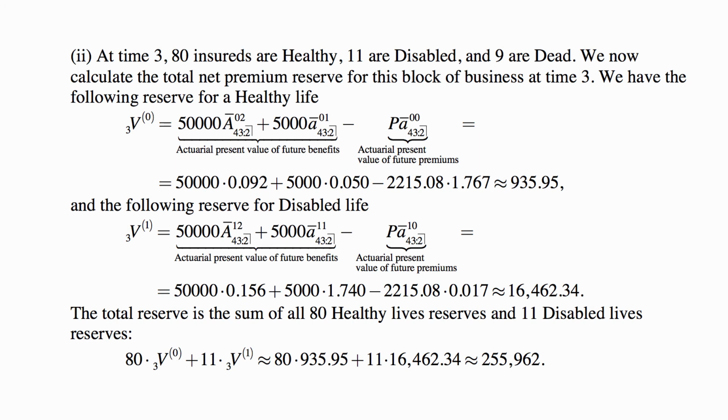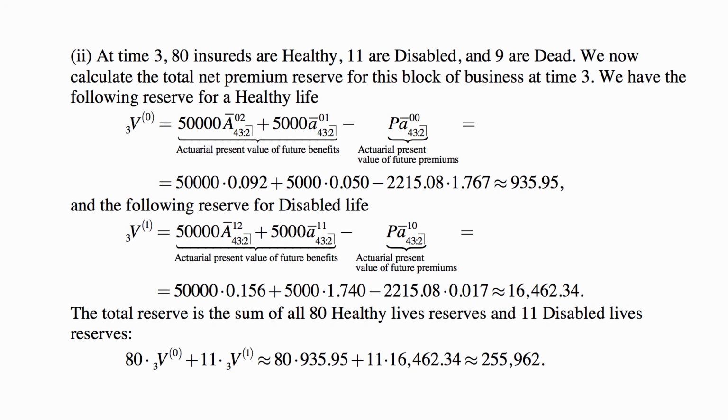So the person goes into the state of being dead. And then 5,000 annuity payable, well, continues, but 1, that means that the person is disabled now, and the payment will continue as long as the person is in the state of being disabled.